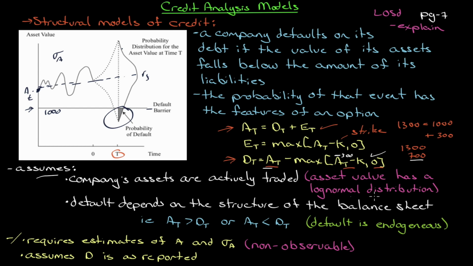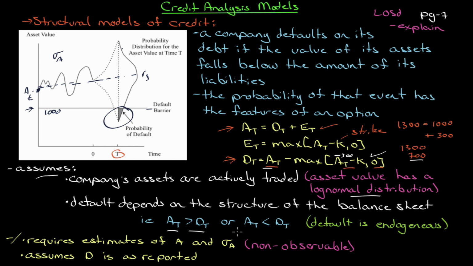Asset value has a log normal distribution in this model as well, and default depends on the structure of the balance sheet. By that we mean default depends on the assets versus the liabilities. Whatever the structure of the balance sheet is, that determines default. If AT is greater than DT, there'll be no default. That's the asset value at time T, when we have to pay off the debt.